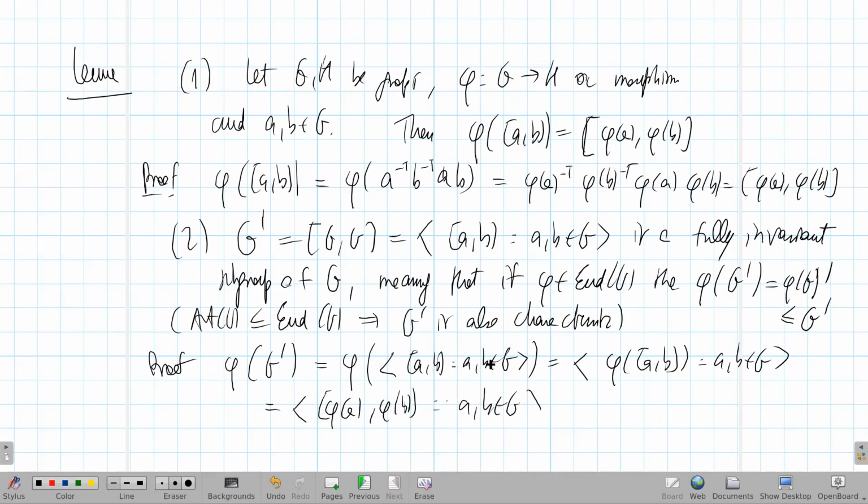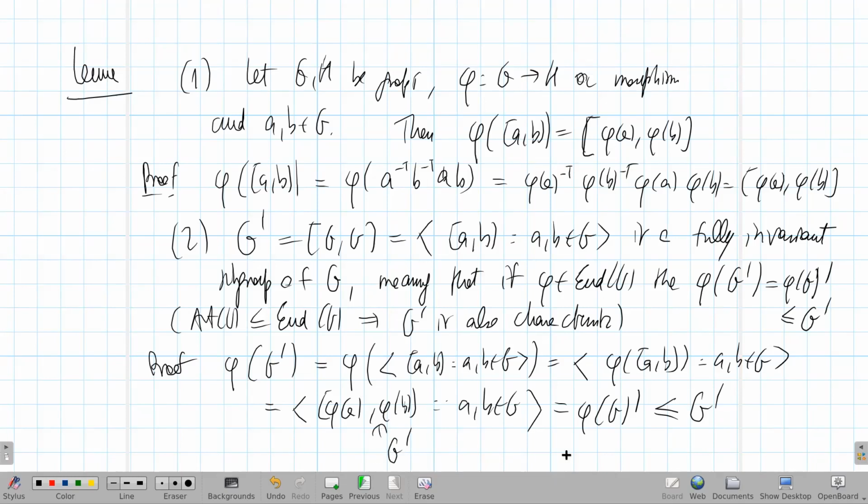by the previous step, than the subgroup generated by the commutators between images, this phi of G prime, the derived subgroup of the image of G under phi, and this is generated by certain commutators, so it's certainly a subgroup of G prime, okay? Because all of these, of course, are in G prime.